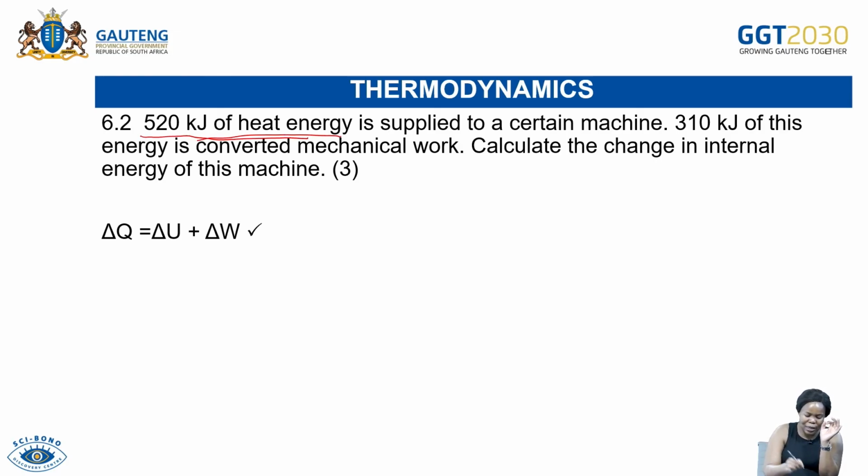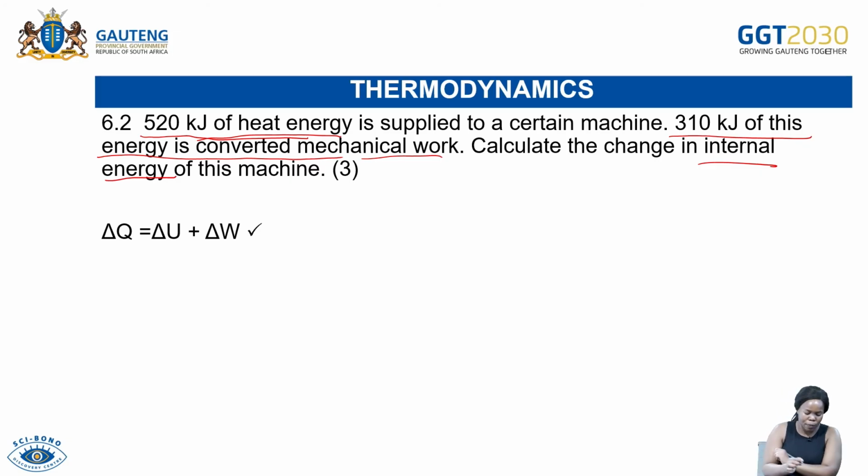This is the heat energy that is supplied into the machine, so this Q is changing because it is given into the system. And then 310 kilojoules of energy is converted into mechanical work, the amount of energy that has gone to do work. And then internal energy, that is change in U. So this makes it the appropriate formula to choose for this specific problem.